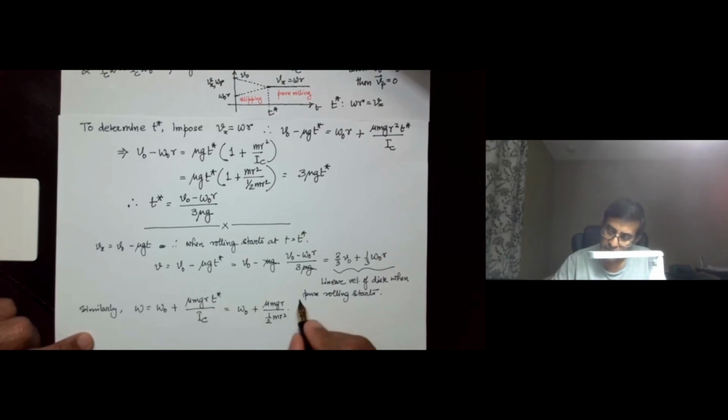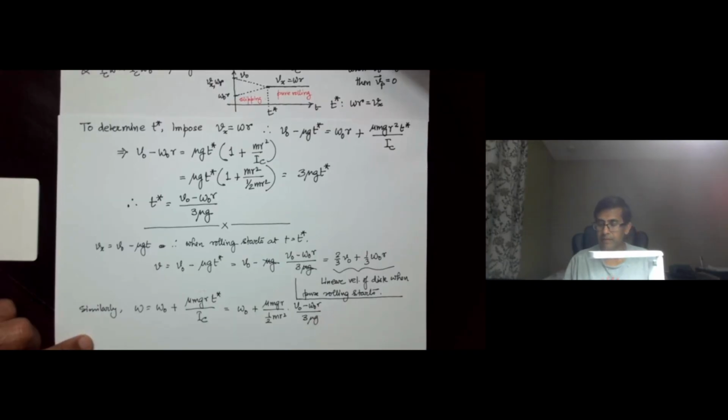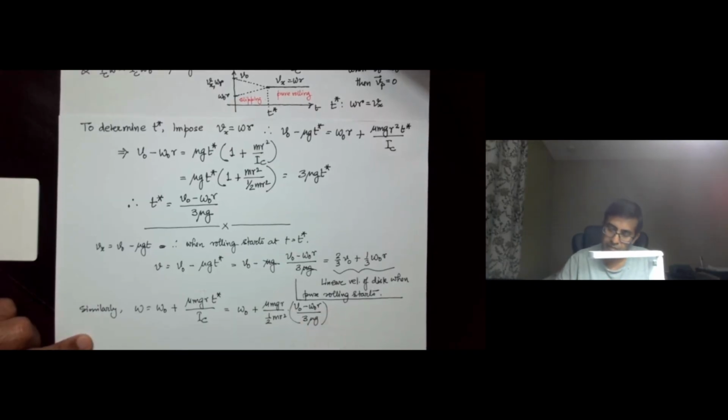And t star is v naught minus omega naught r divided by 3 mu g, right? So I'm going to cancel the mu and g, and I'm going to cancel the m as well, and we can cancel the r.